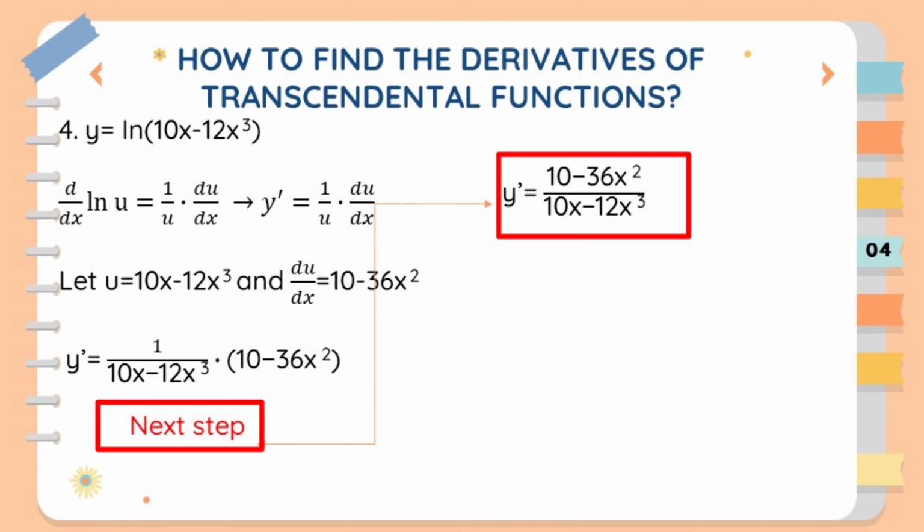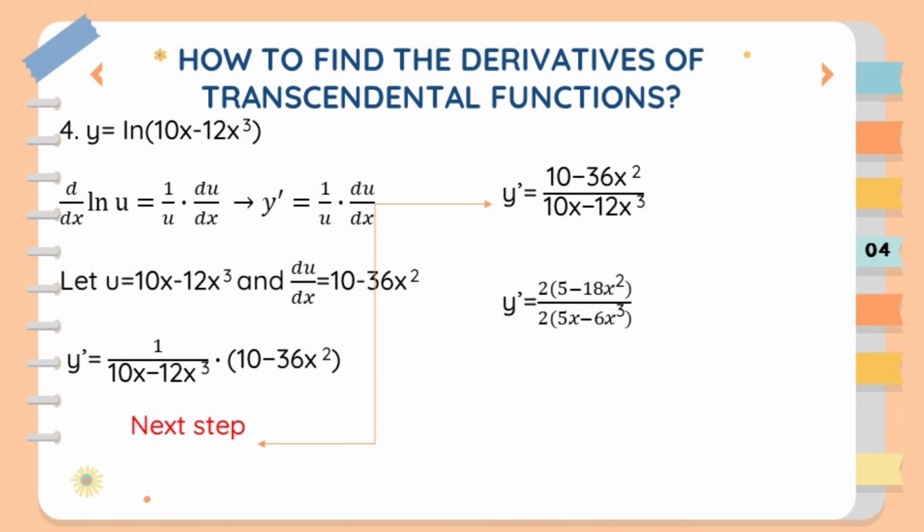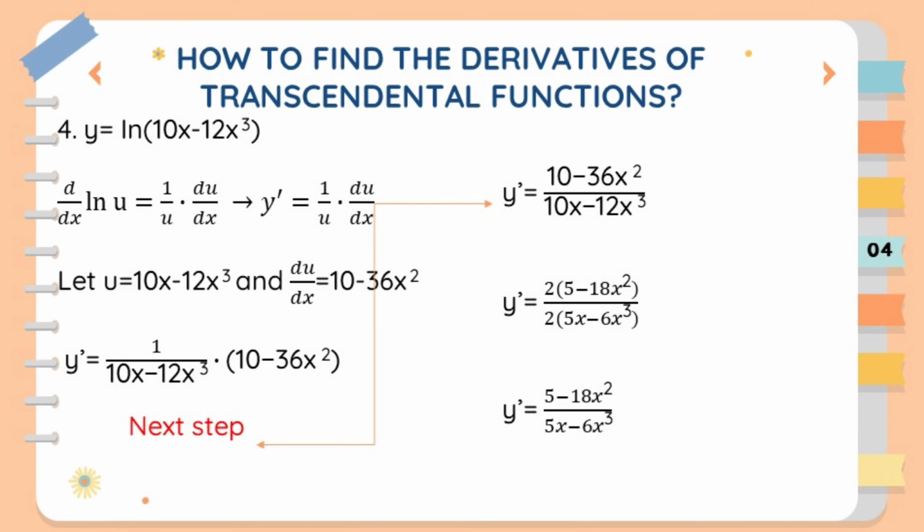Now, we will factor it out. So, we get y prime is equal to 2 quantity of 5 minus 18x squared all over 2 quantity of 5x minus 6x cubed. Then, 2 divided by 2 is 1. That's why we get y prime is equal to 5 minus 18x squared all over 5x minus 6x cubed. And this would be the final answer.